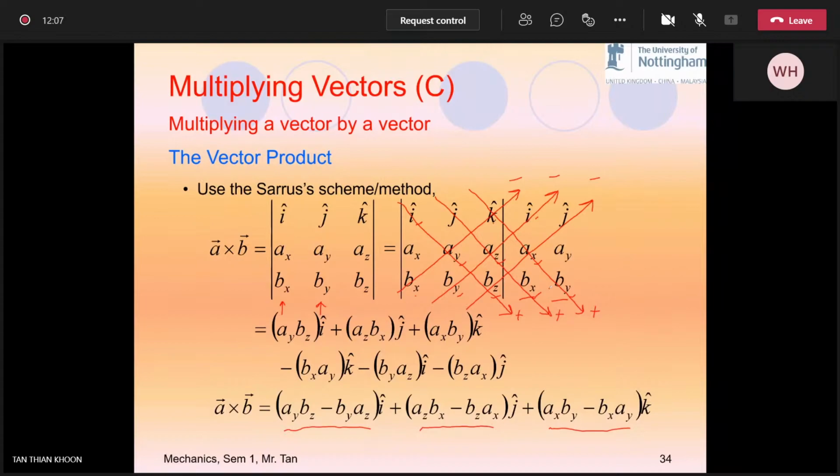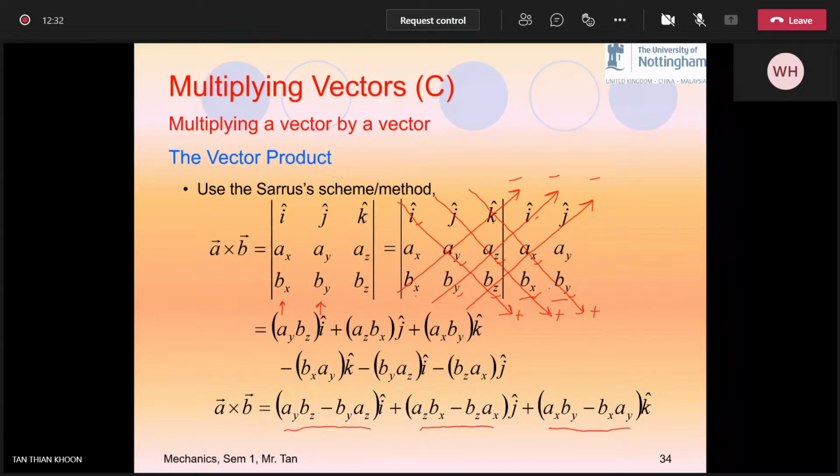Okay, good. So now you have been introduced to a few ways of finding A cross B if we have the components. Of course, if we just have the magnitude and directions, we still have to use the magnitude and the right hand.